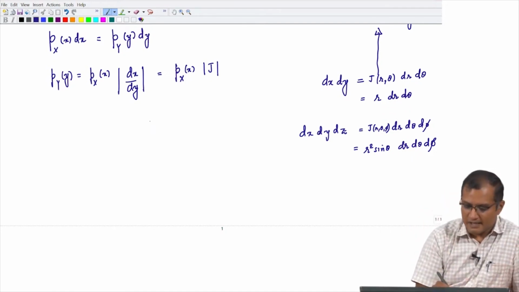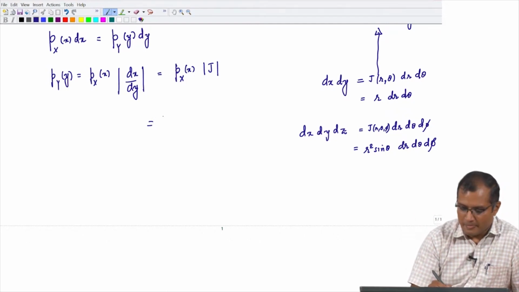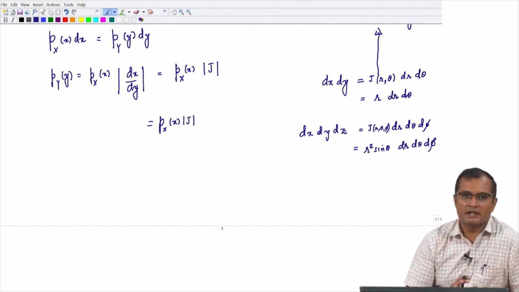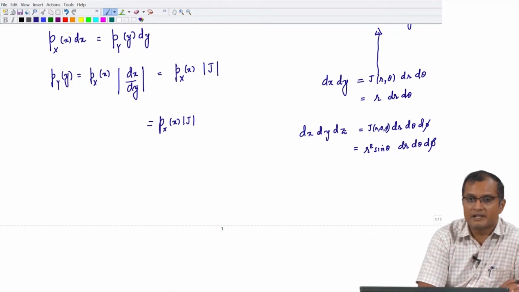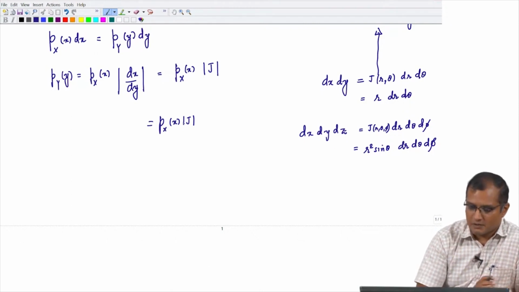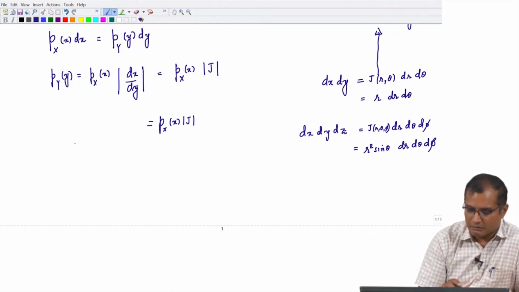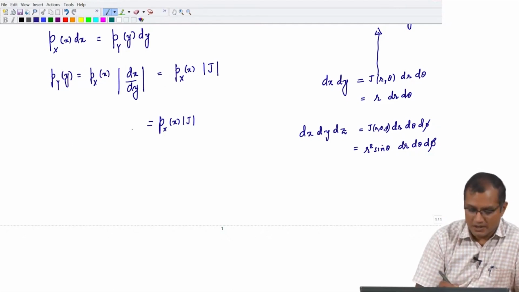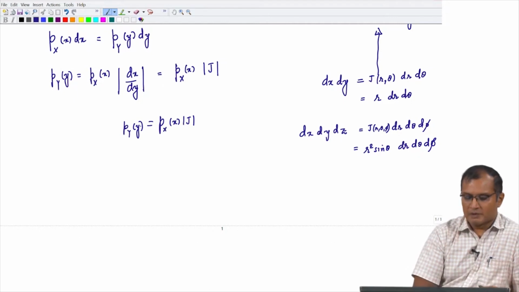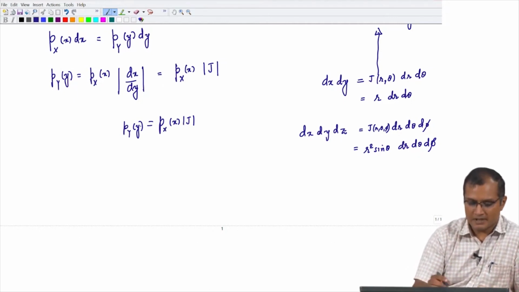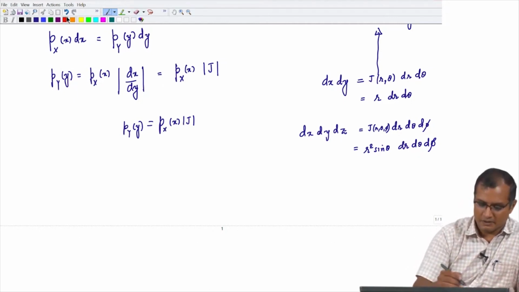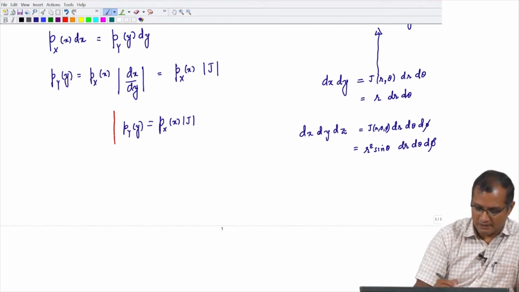So, I can write this as p of x dx into the mod of the Jacobian, because I do not want the probabilities to come out negative; the probability densities have to be positive. So, I have to guard it with this mod of J, and this will be my new probability density. So, this is going to be my result. That is as simple as it can get.